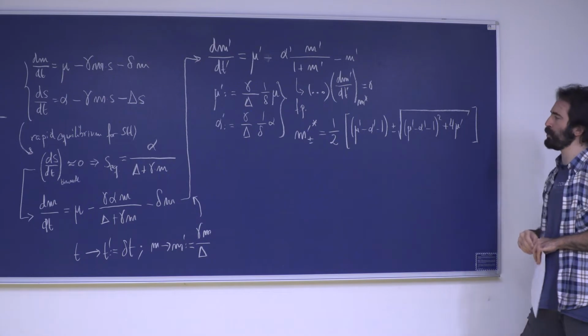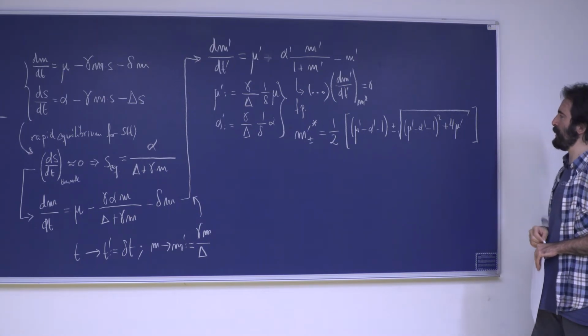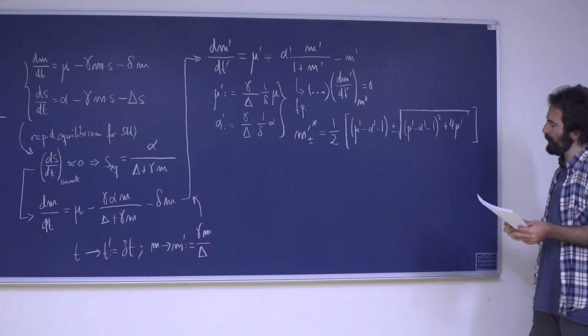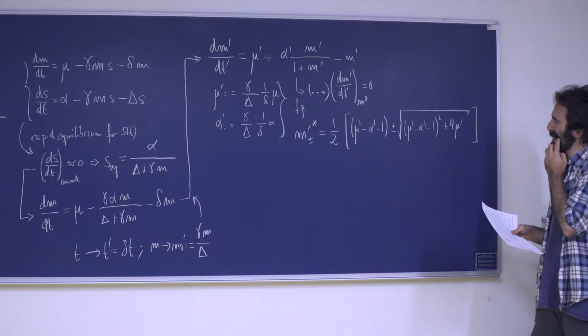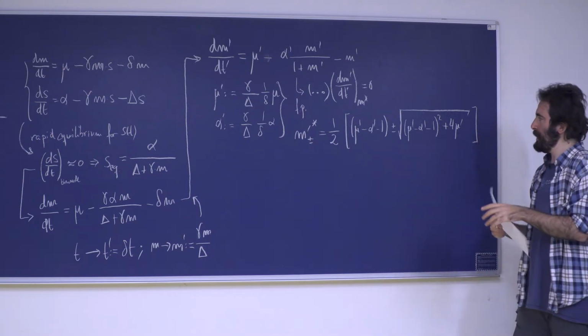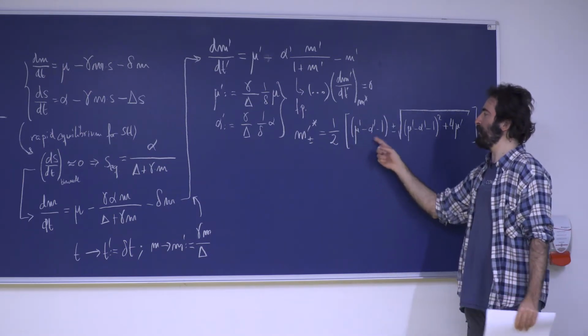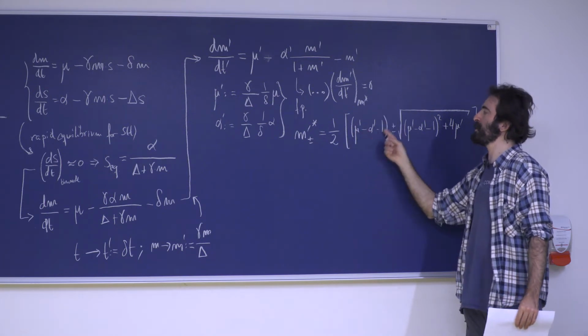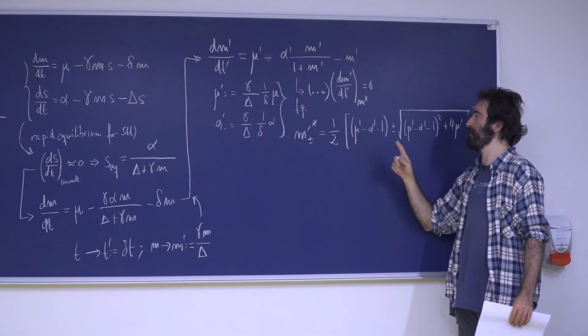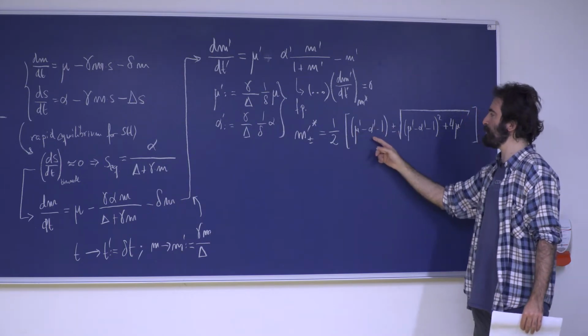Great. So now we have two solutions. There are two fixed points of this system, and we need to think about them a little bit, right? Because there is one of them that makes no sense. Why? Well, here we had some value, right? Say that this is a positive value. Consider this to be a positive value. This, of course, will depend on the values of mu prime and alpha prime, naturally, but consider this is a positive value.